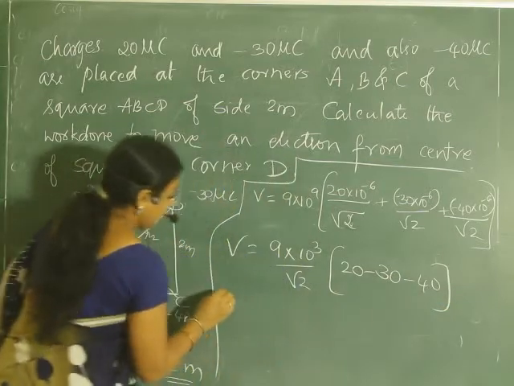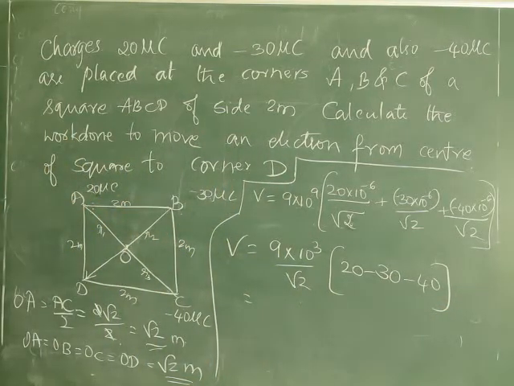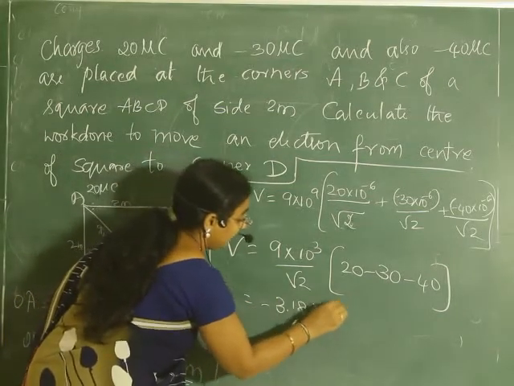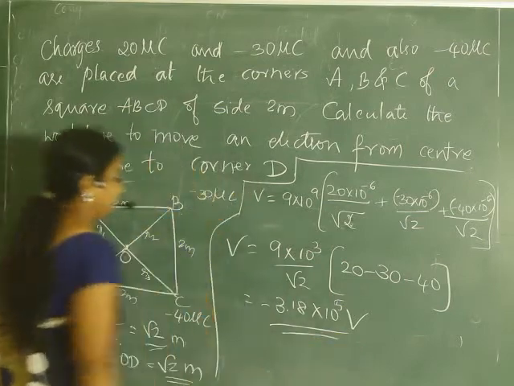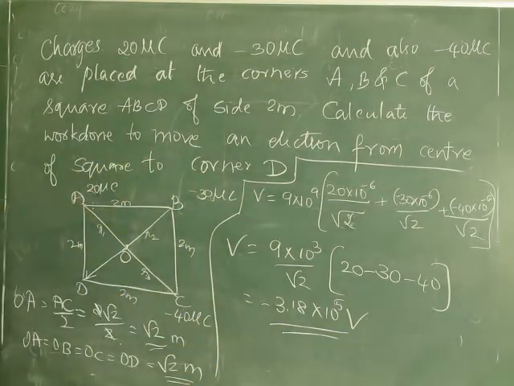What is the answer remaining? Can you give me the answer now? Take a calculator and solve. Minus 3.18 into 10 to the power 5 volt we get.